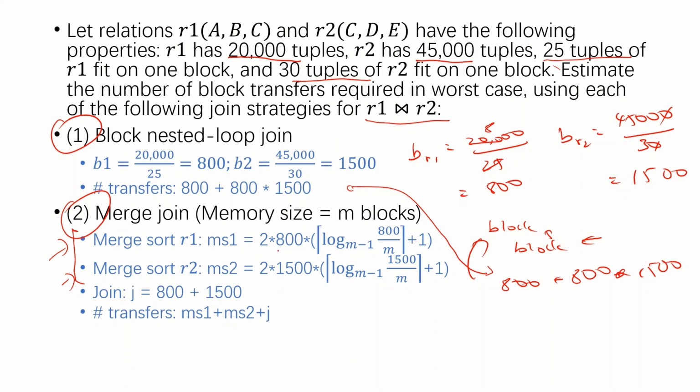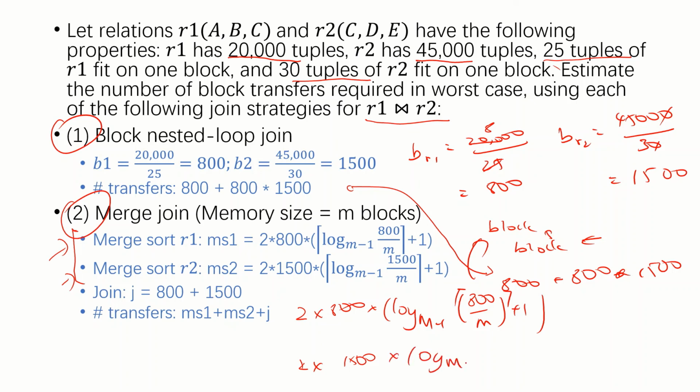For relation 1, we have 2 times 800, the number of blocks in R1, multiplied by the ceiling of log base (M minus 1) of 800 divided by M. And the second one is again 2 times the number of blocks in R2, multiplied by the ceiling of log base (M minus 1) of 1500 divided by M.